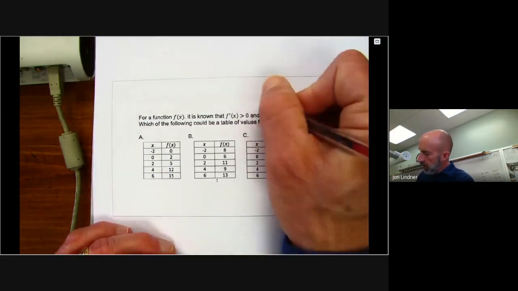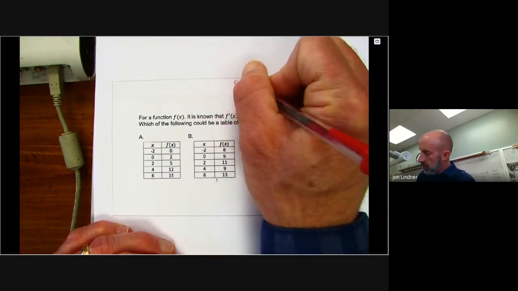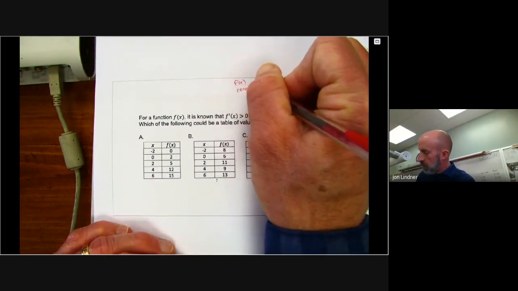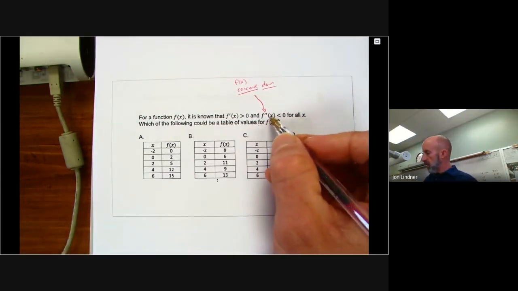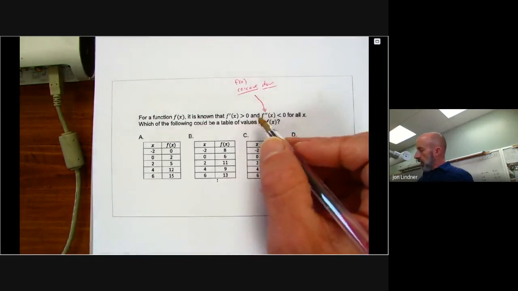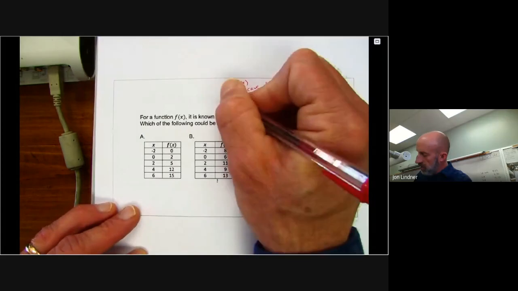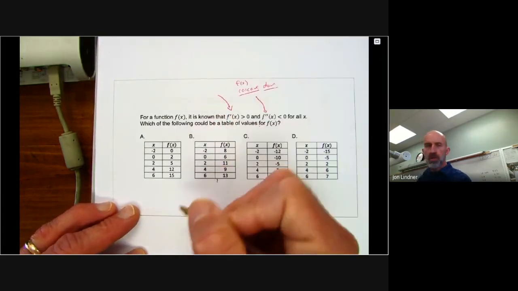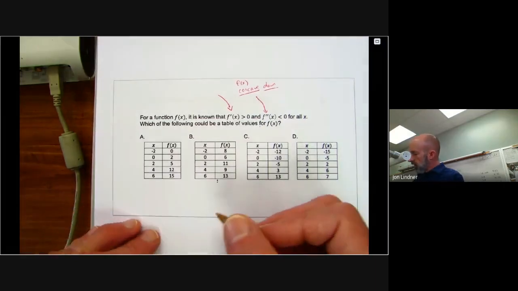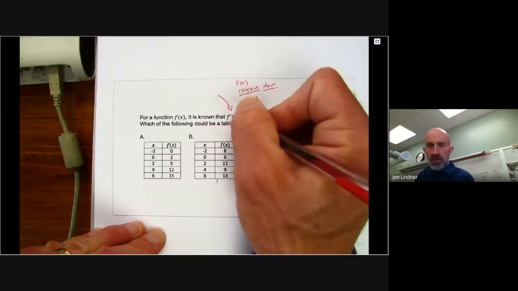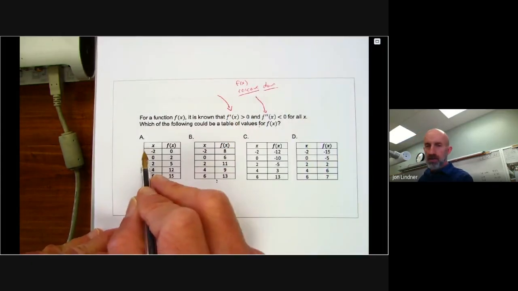Well, this thing right here, the fact that the second derivative is negative, tells me that f of x must be concave down. But this thing right here tells me that the value of the derivative is positive. So that means the derivative is positive, but it is decreasing since it's concave down.